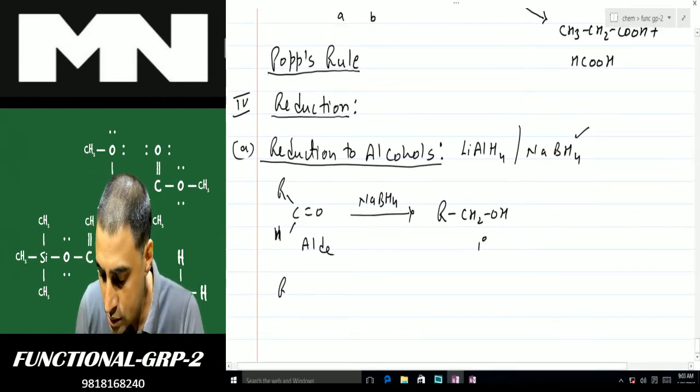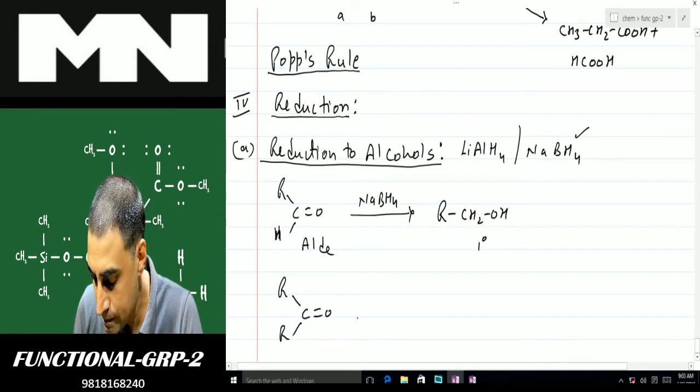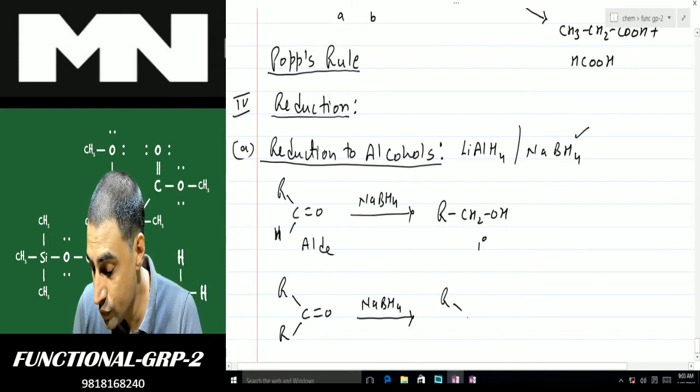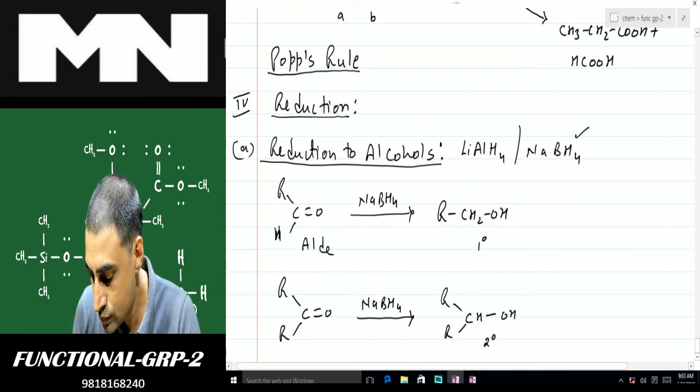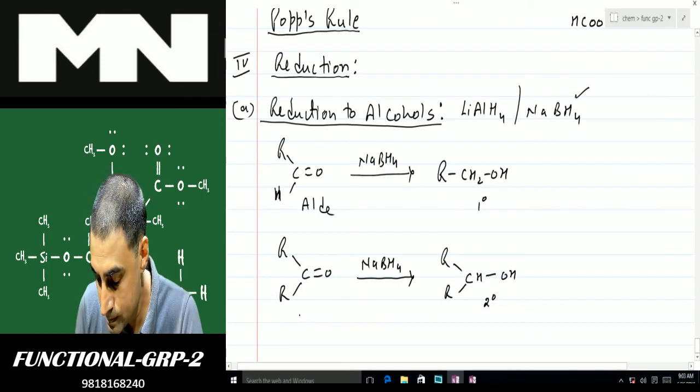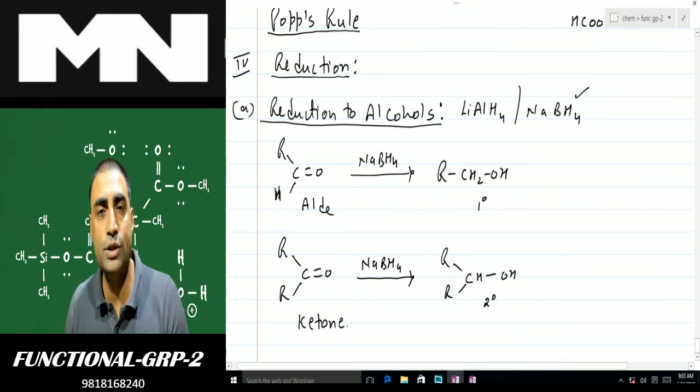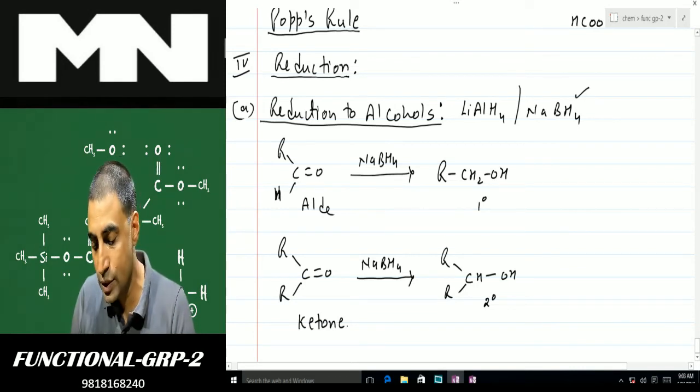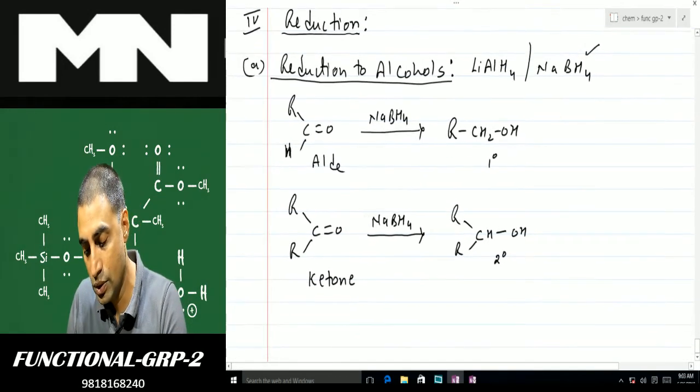Likewise, a ketone will give you a secondary alcohol. So aldehydes on reduction will give you primary alcohol, ketone on reduction will give you secondary alcohol.